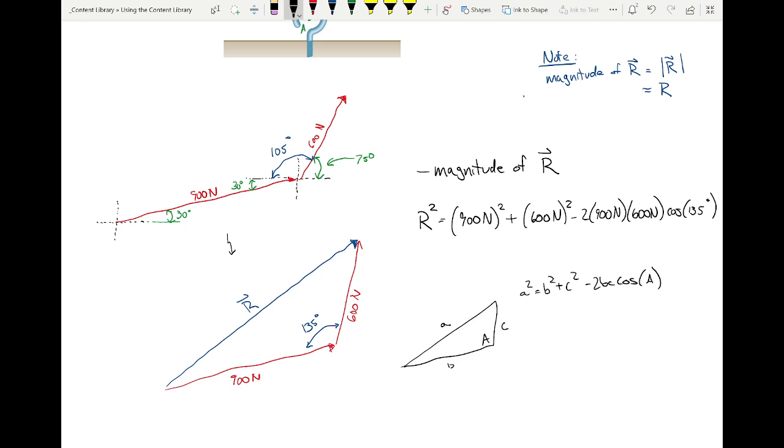So all I did is use the law of cosines to determine the length of this vector. That's it. So therefore, and by the way, if you ever see me write these little three dots, like a triangle of dots, that's just shorthand for the term therefore. R is the square root of all of that.